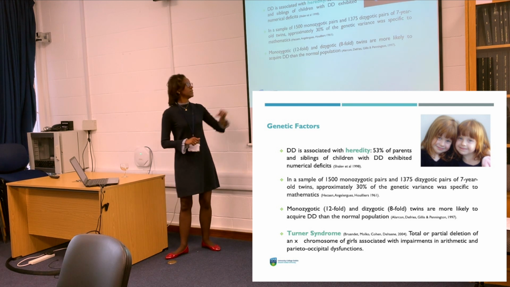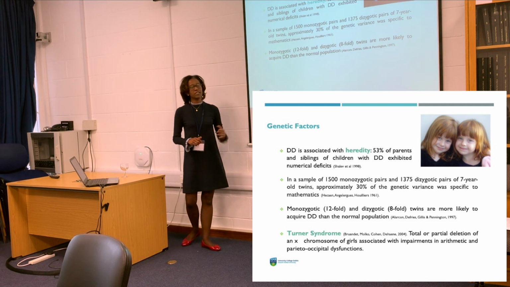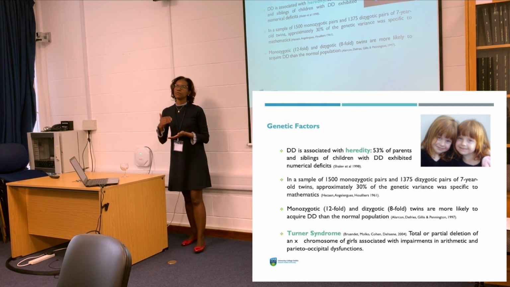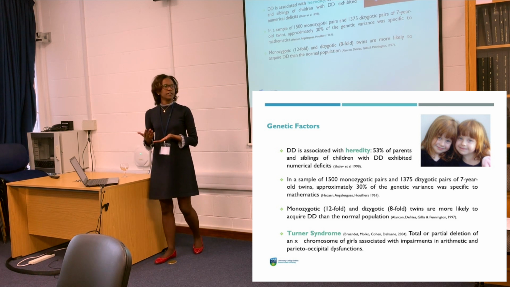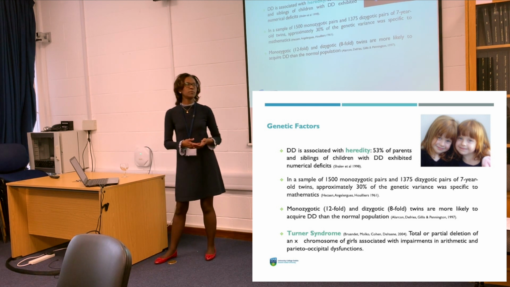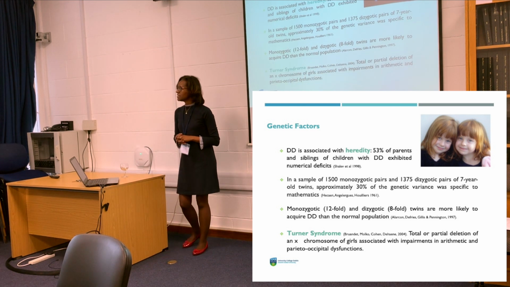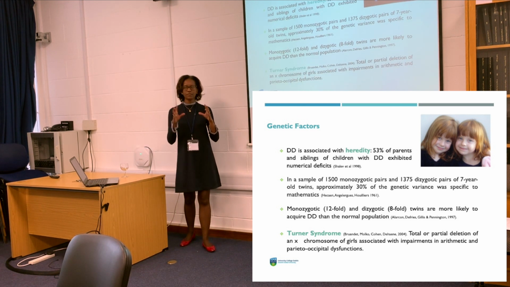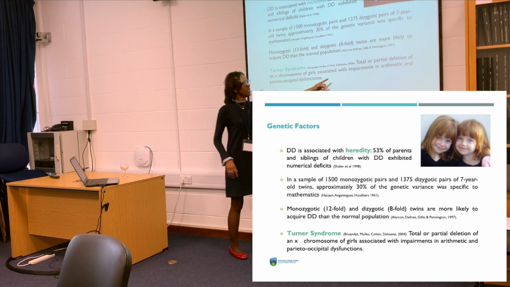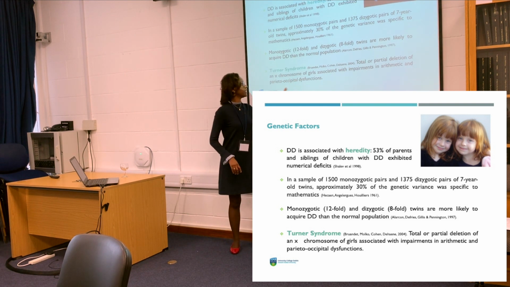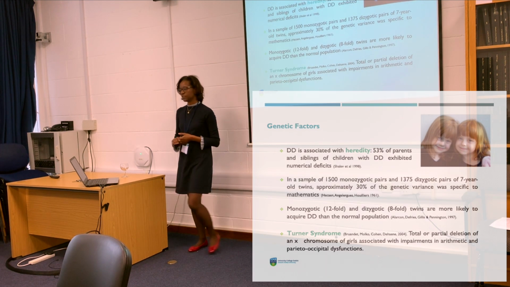In fact, monozygotic twins are 12 times more likely to have developmental dyscalculia than the general population. And finally, we have evidence from syndromes like Turner syndrome, where there is a clear association between impairments in arithmetics and parieto-occipital dysfunctions.